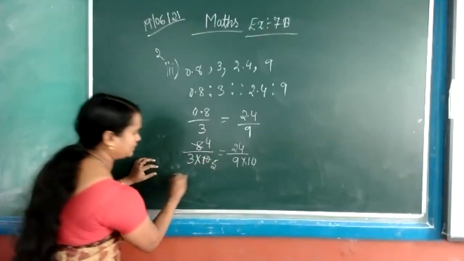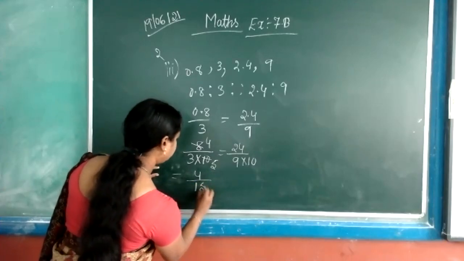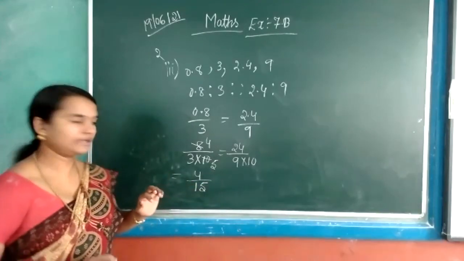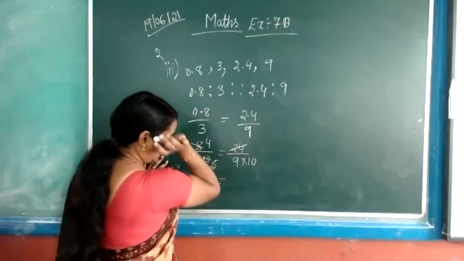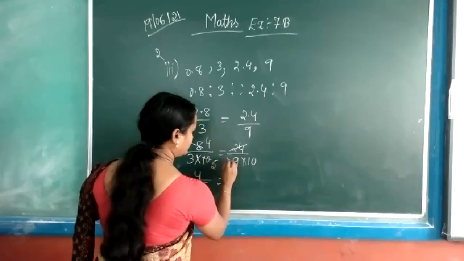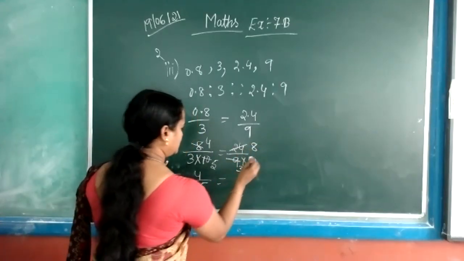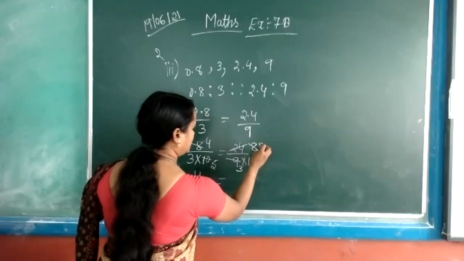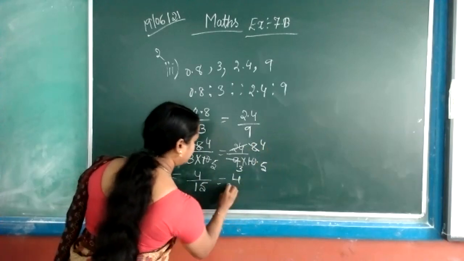Again, it is not possible. Then 4 5 3 is 15. Okay. Now here also, 3 3 is 9, then 2 4 is 8, 2 5 is 10. That means 4 5 3 is 15.